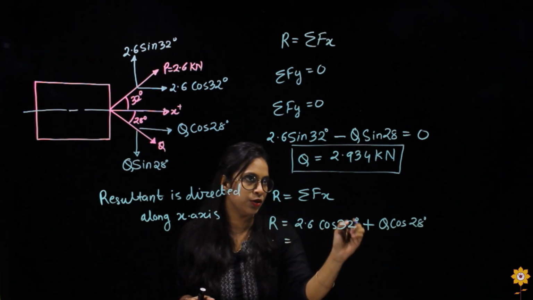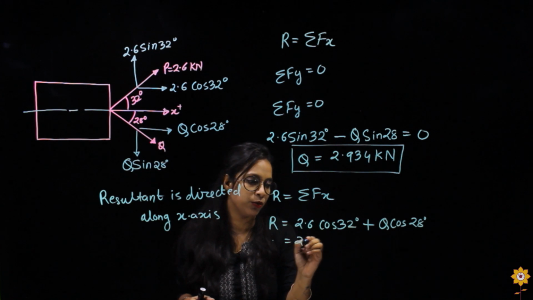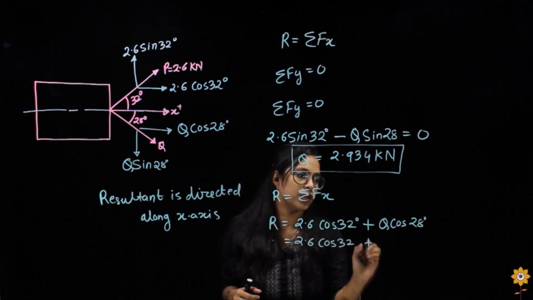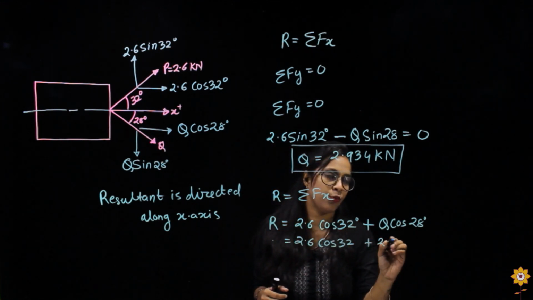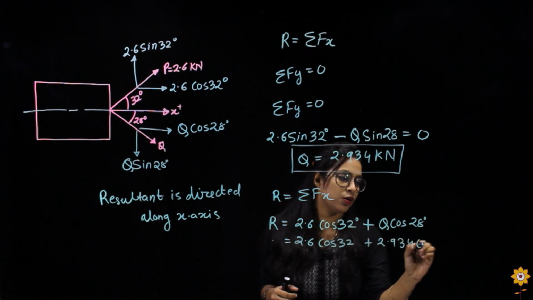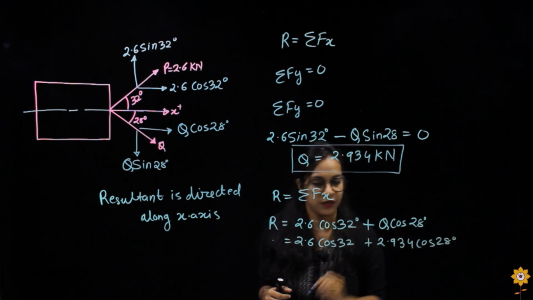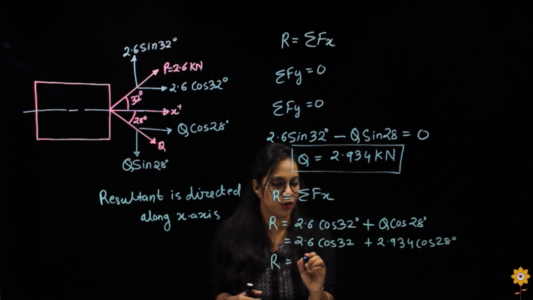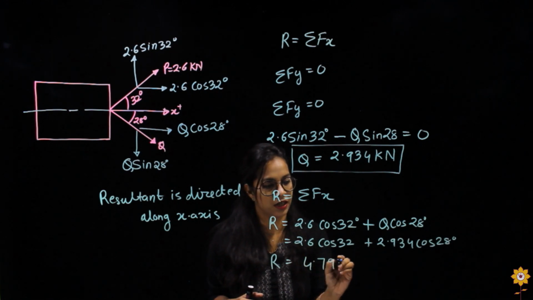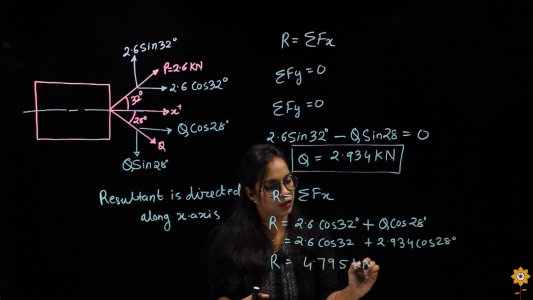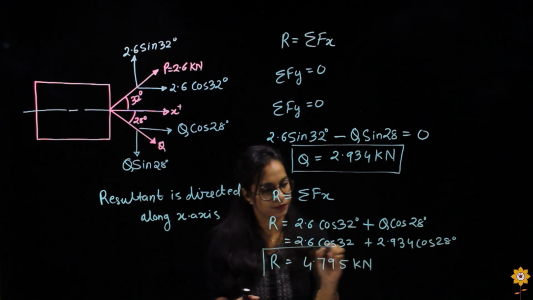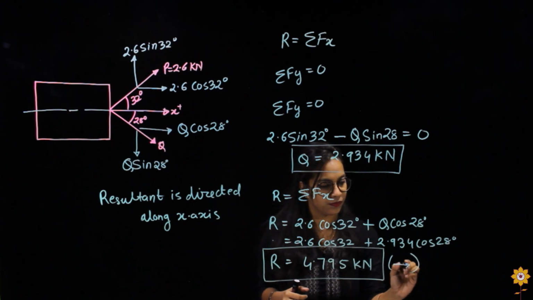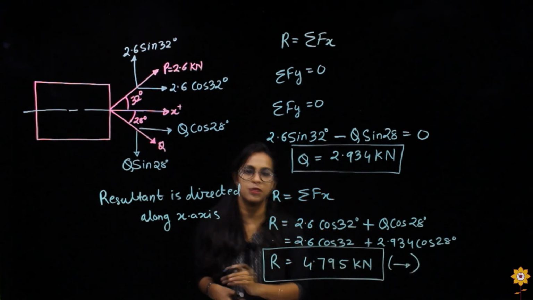Now we have to substitute the value of Q here. So it would be 2.6 cos 32 plus 2.934 cos 28. If we solve this, we get our R to be 4.795 kilonewtons in the forward direction, as it is positive.